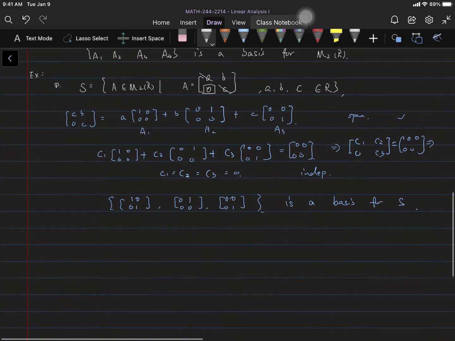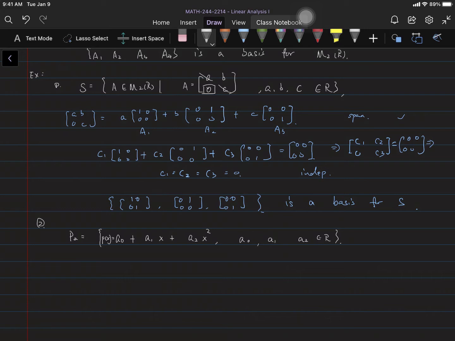Second exercise problem. Think about P2. P2 means what? All the polynomials with degree 2. So we can write down a0 plus a1x plus a2x squared. So all the polynomials have this form, and all the coefficients are constant.